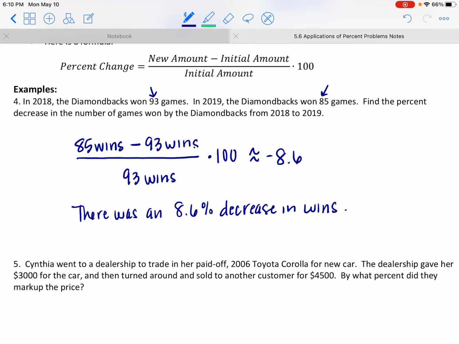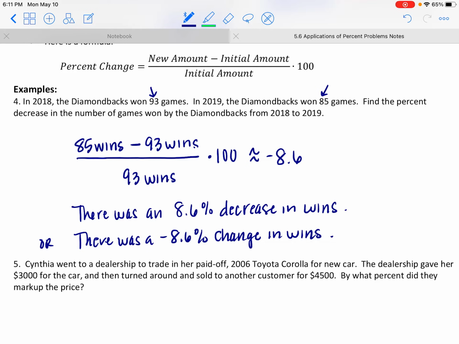Okay, now I know we calculated it as a negative, but that negative translates to the word decrease. So you don't want to say a negative 8.6% decrease, because that would be like a double negative. You could also say there was a negative 8.6% change in wins, in which case the word decrease isn't in there with the negative, so you can say a negative percent change or just the value as a decrease.